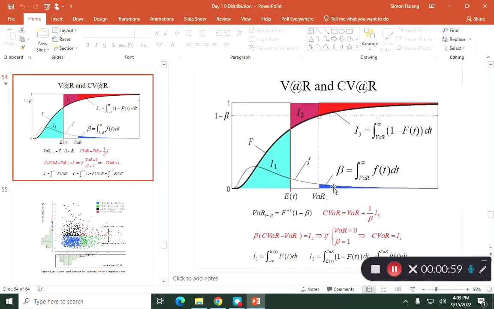Beta is the PDF after VAR, the area of the PDF and the ground. I3 is the ceiling value in the CDF red area.